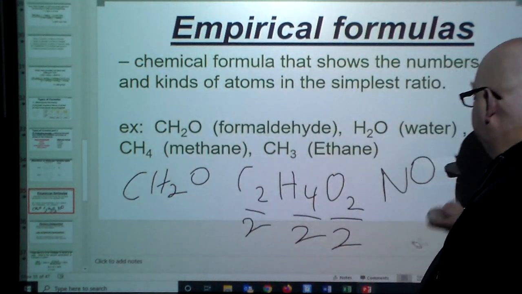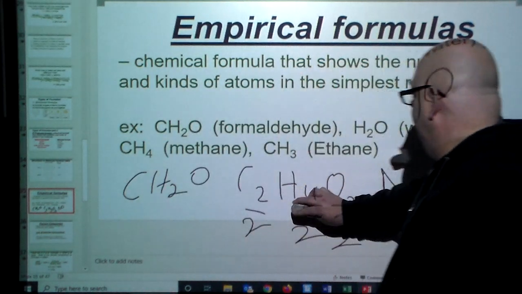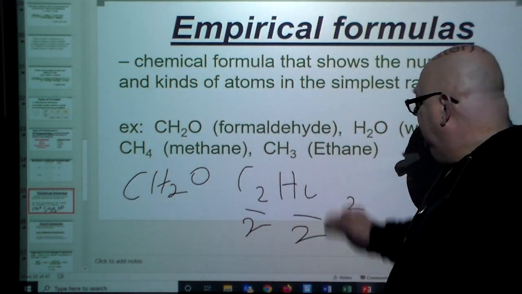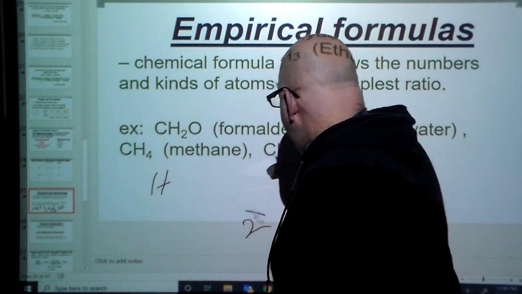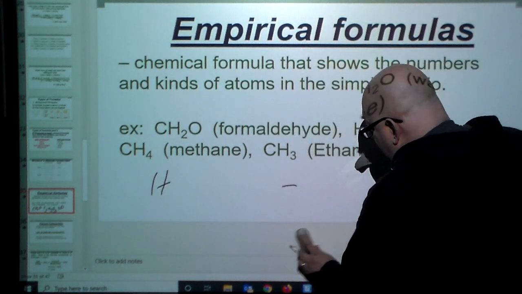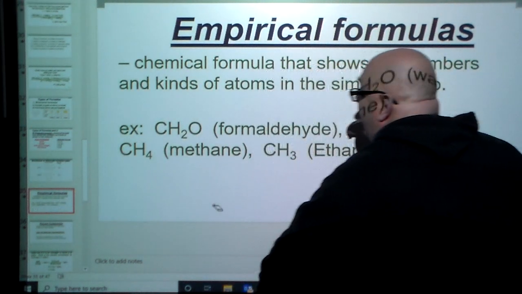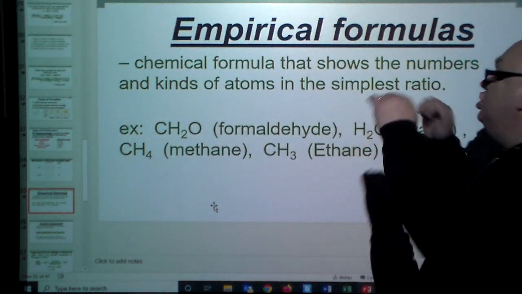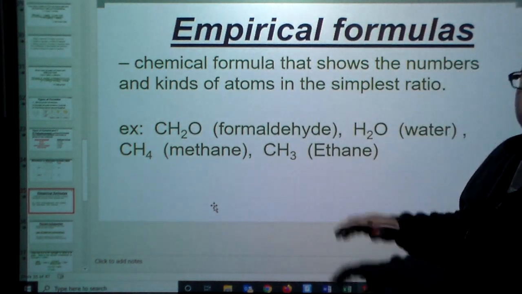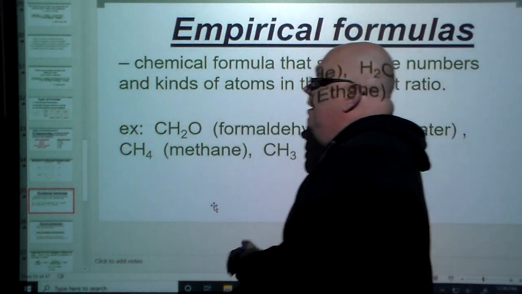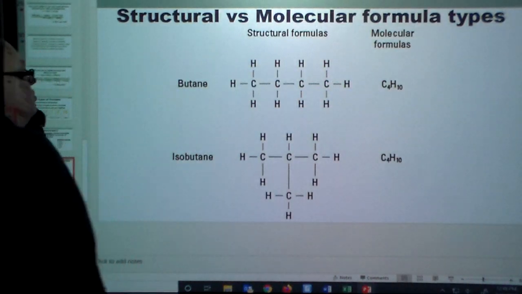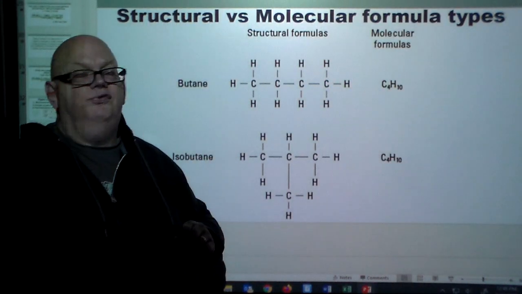Hey, I hope this little talk helped you understand a little bit more as we ended up checking out the following things. We looked at the empirical formula. Smallest whole number ratios. You can't divide it any further. Did it quick. We looked at the difference with structural versus molecular formula.